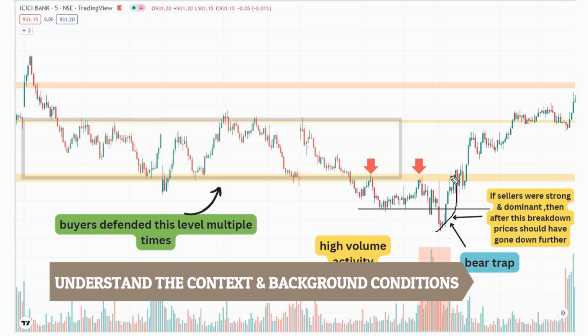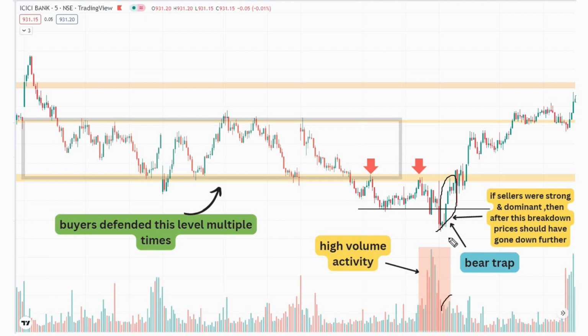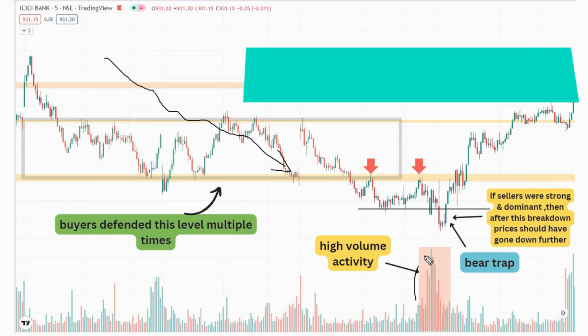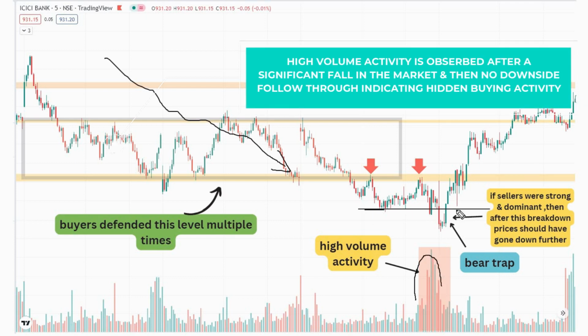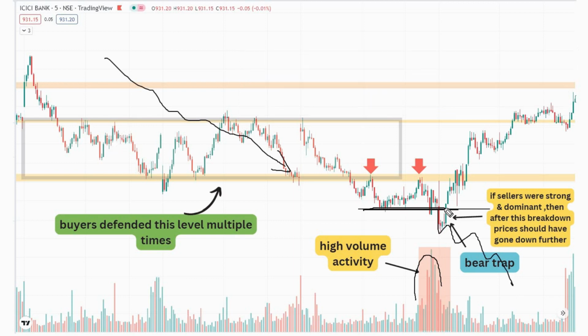Prices moved back up very aggressively with an increase in volume. So all this selling pressure that is happening here is absorbed by the buyers. So this is a bear trap setup. Why? Because after an extensive and long downtrend, volumes have increased and prices haven't continued the downward momentum after breaking the important support.